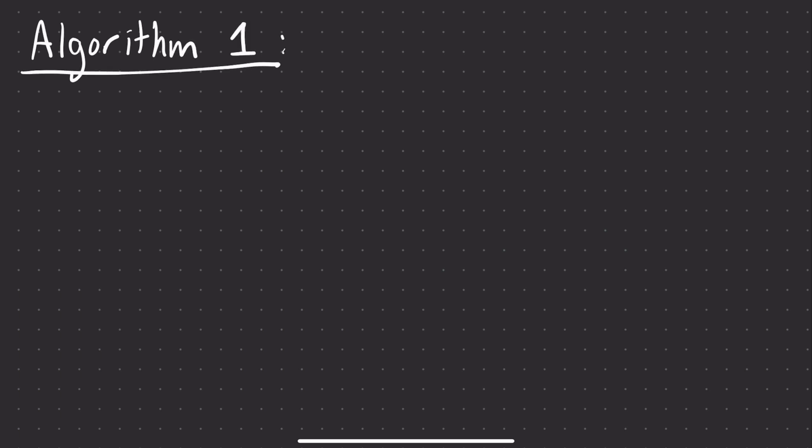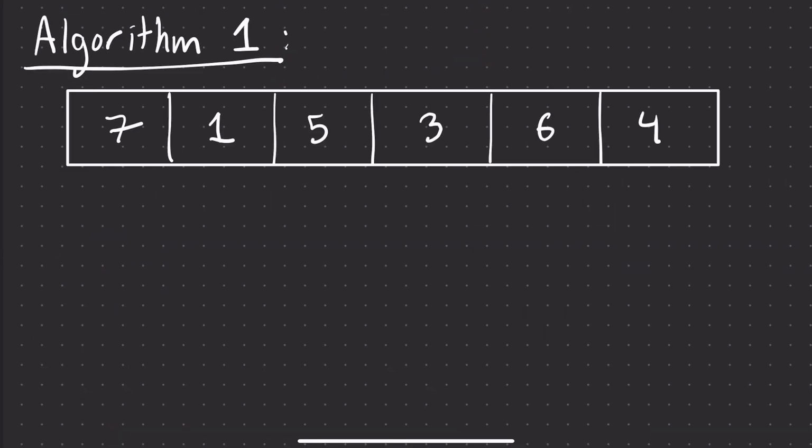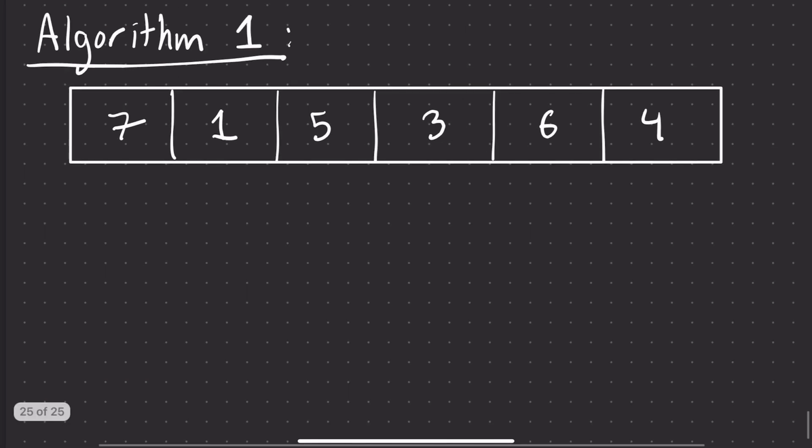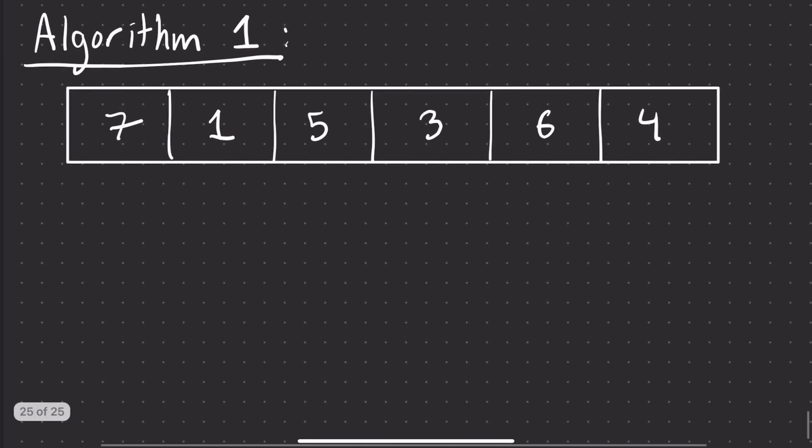Okay, so what are some algorithms that we can develop to solve this problem? So the first algorithm that we might think of is the brute force algorithm. So let's consider the example that we had before. Okay, so we take this example and we can consider every possible way we can buy and sell.